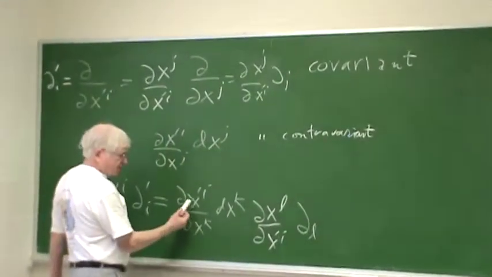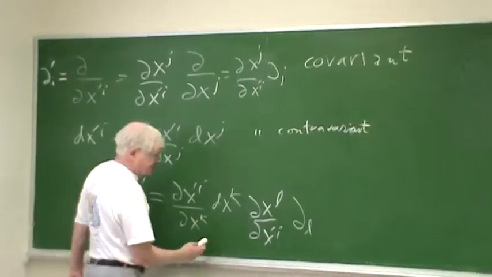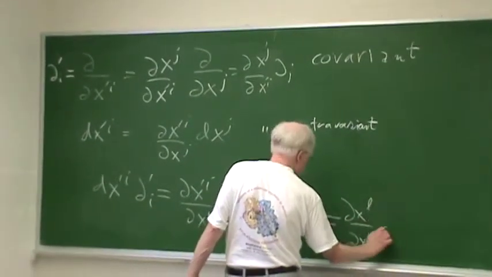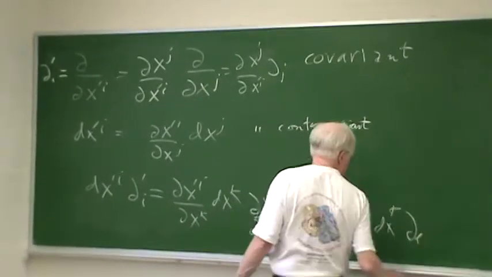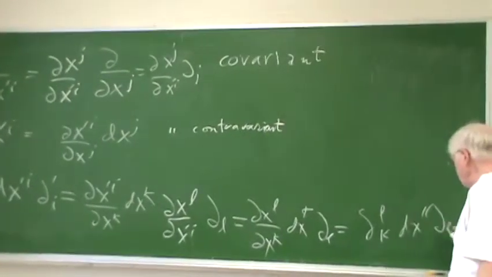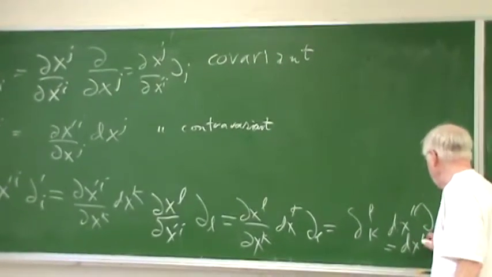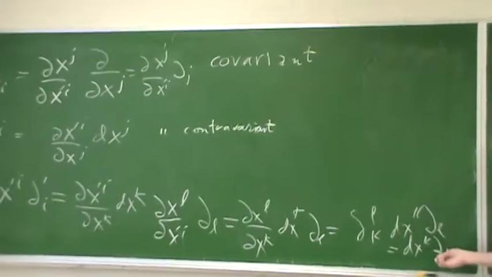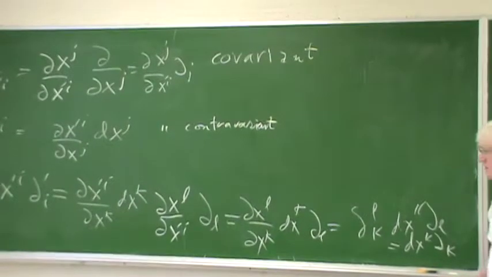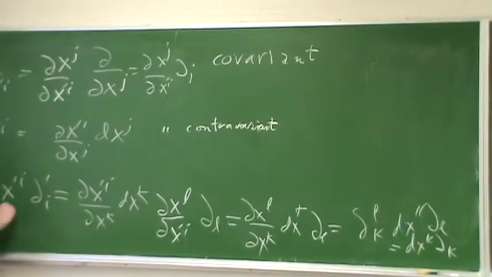And now, we're summing over i, of course, so you couple this one with that one, and you see that this is just, by the chain rule, partial xl, partial xk, dxk, partial l, so this is delta lk, dxk, partial l, and so this is just dxk, partial k. So this inner product is intrinsically invariant always with arbitrary coordinate transformations. And it's an example of what's called a contraction.